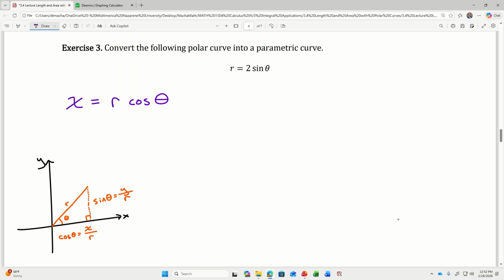And so multiplying both sides of those equations by r, we get that x is equal to r cosine theta and y is equal to r sine theta. Well, here's my formula for r. And so I get that x is equal to 2 sine theta cosine theta, and y would be equal to 2 sine squared theta.